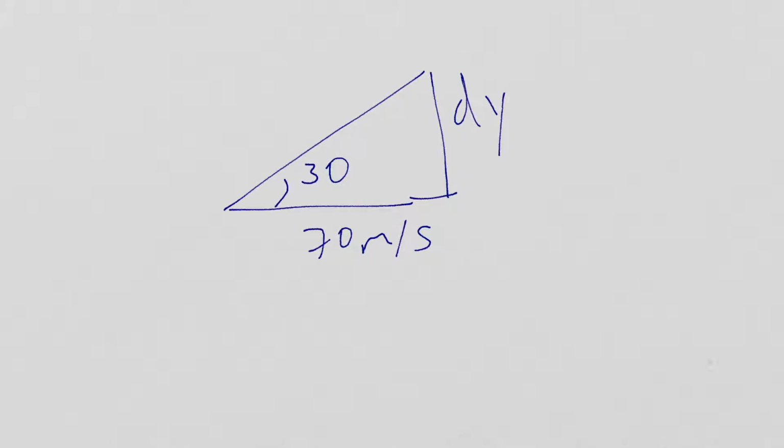We don't actually know the total initial velocity, but we could find it if we wanted to. And I said the wrong thing. This should be VIY that we would be looking for. This is VIX, all right?